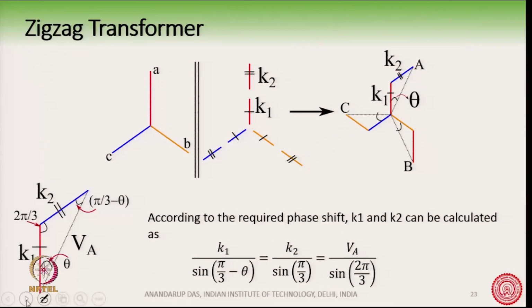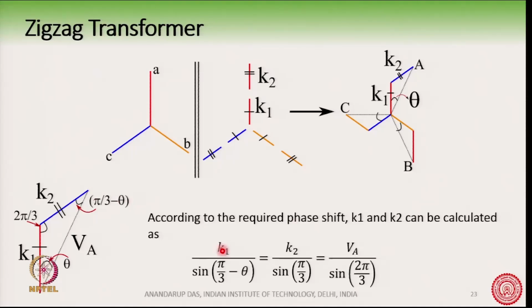This is also shown here mathematically. You can see we have seen this diagram, with O, A, B, C. So, you can find the mathematical relation between K1, K2 and VA. For example, this is the output phase voltage of the zigzag transformer.